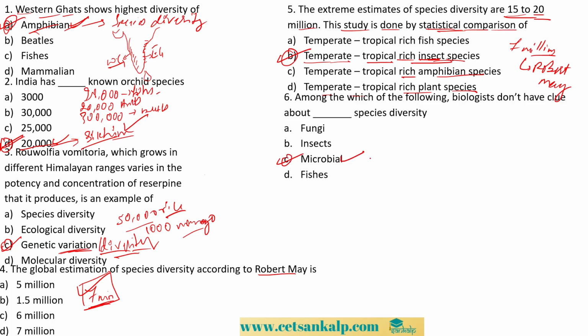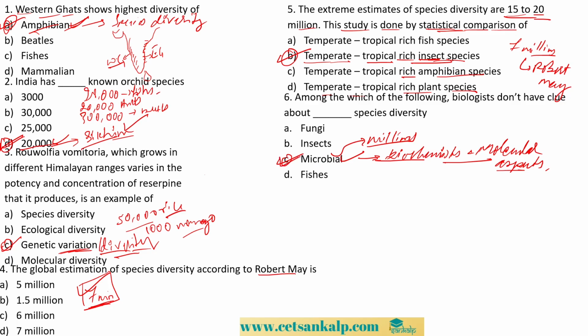Because when we consider the biochemistry and also the molecular aspects, the diversity of the microbes may reach up to millions. So until now we don't know the actual number of the microbial diversity, right?